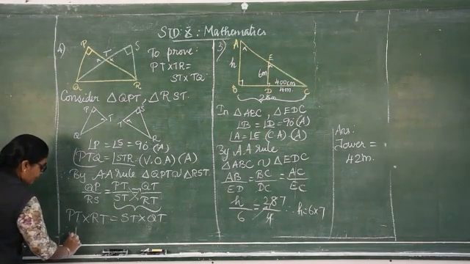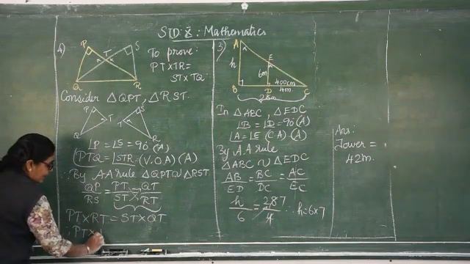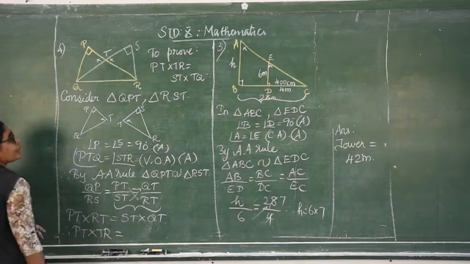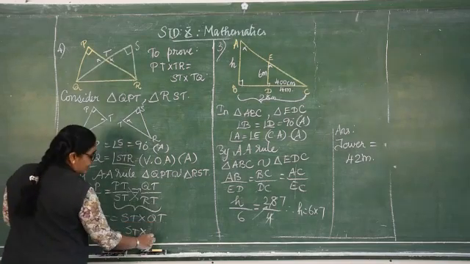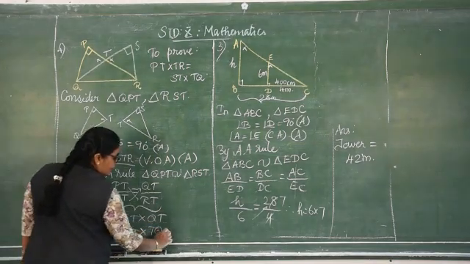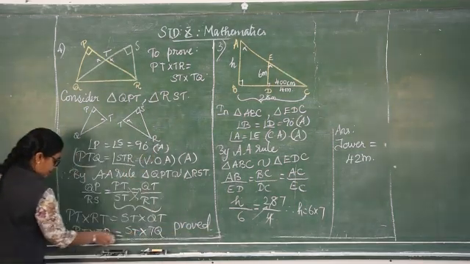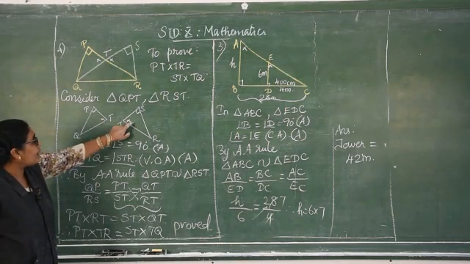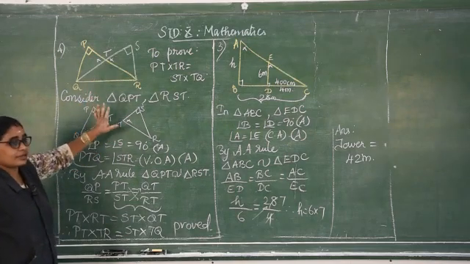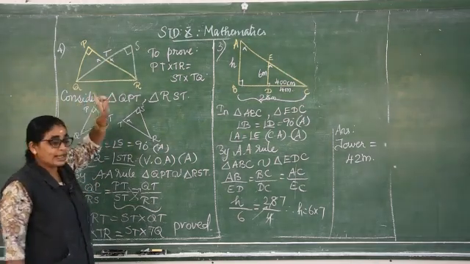PT into RT, I am writing as per the question, and ST into QT can be written as TQ into ST. So proved. Thus proved. That's all. I have taken the triangle separately and drawn it. Very easy one, but you have to draw the diagram.